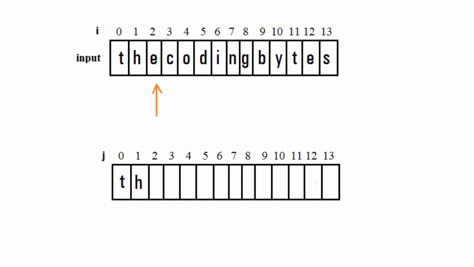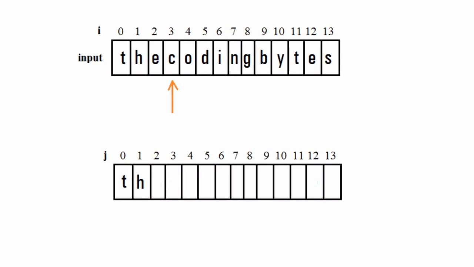This time we have E as a character. As we all know, this is a vowel, so we don't need to copy this to the new character array. We simply go to the next character. This way we skip the vowels and only copy the consonants from the input array to the new character array.